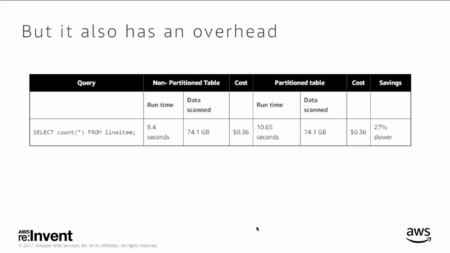If you look at this example, when I'm doing just a simple count on a non-partitioned table, it takes 8 seconds, still reading 74 gigabytes of data. But on the partitioned table, since we're not really using the partitions here, we still have to go through and prune those partitions out, so it took a slightly longer time to complete that query. So definitely take that into consideration. Having a lot of partitions is not a good thing, but there are definitely ways to address that.